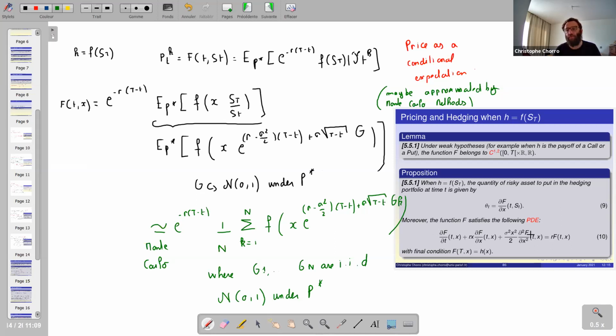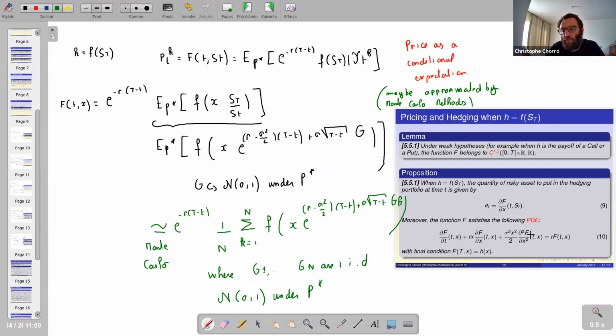And why is this result particularly interesting? Because in the second semester, you have a course related to partial differential equations. And in fact, why do you have a course on partial differential equations? Because in most models, the price function related to a contingent claim may be expressed as a solution of a partial differential equation.